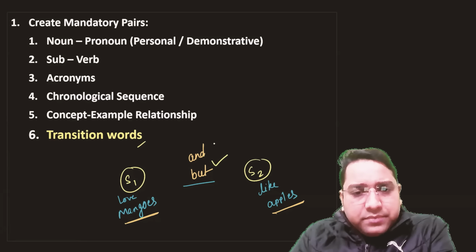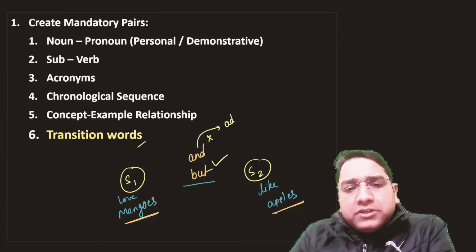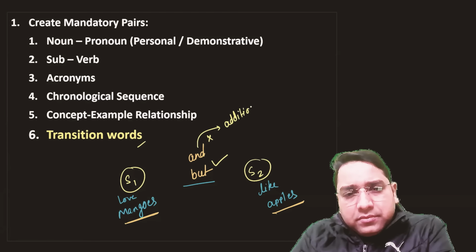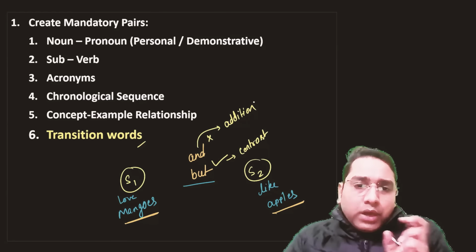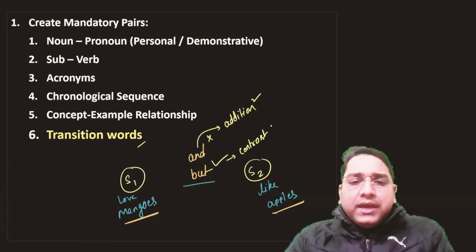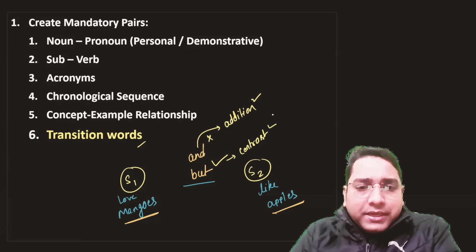It's but, not and. Very good. Why? Because and is used for addition, right? But is used for contrast. So both are transition words, but their context is different: one is used for addition and the other is used for contrast or something which is contradicting.